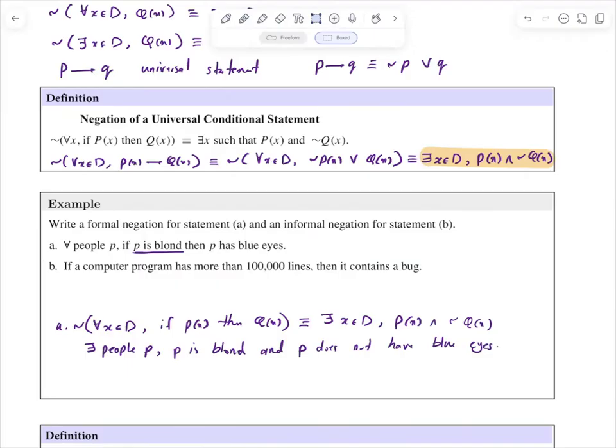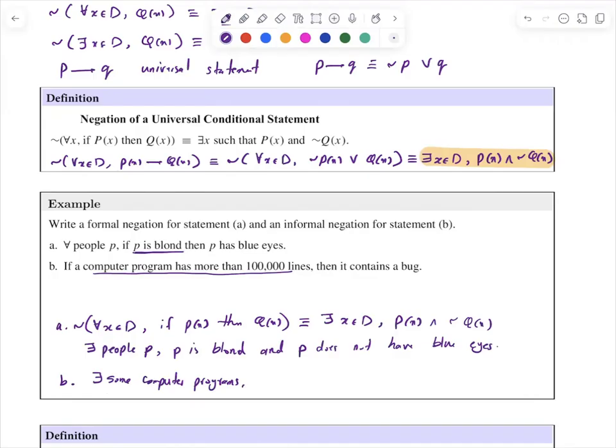Here you have, if the computer program has more than 100,000 lines, then it contains a bug. So this is your hypothesis here, right? This is your P(x), and this is your Q(x). Its negation: there are some computer programs such that P(x).